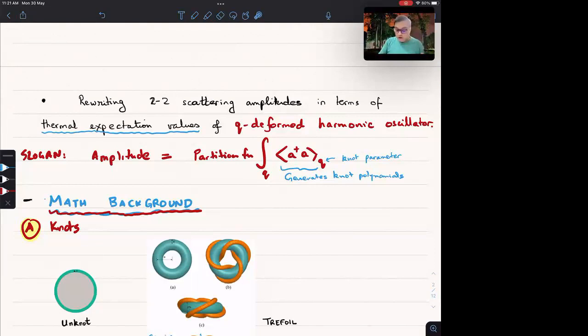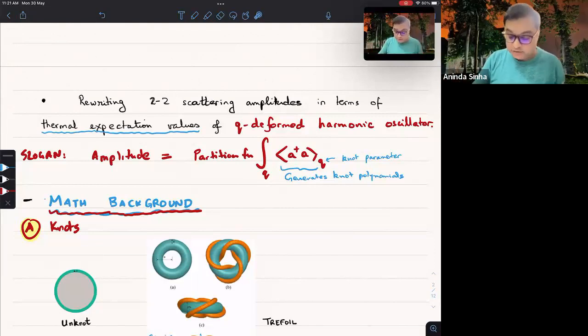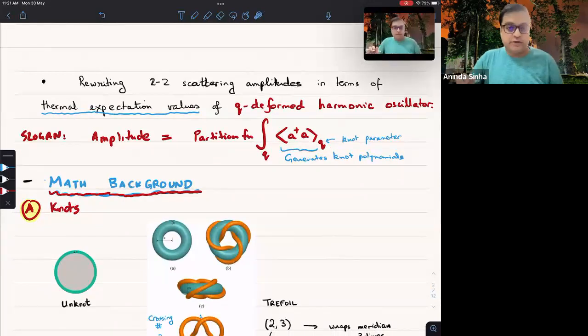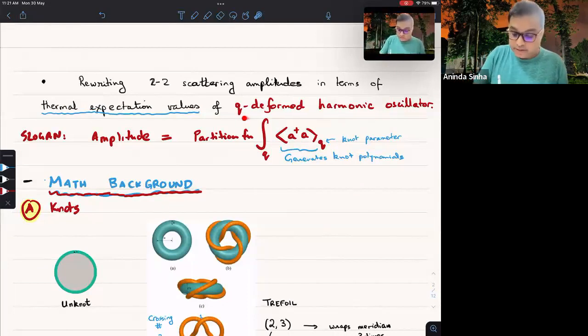A dagger A is like a 2-point function, the thermal expectation value in this deformed theory. So Q here generates a knot parameter, and I will tell you what this is. This 2-point function actually is a generating function for the knot polynomial. So that is the second lesson, which will follow from this picture of the Q deformed harmonic oscillator.